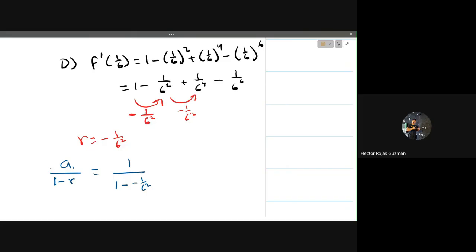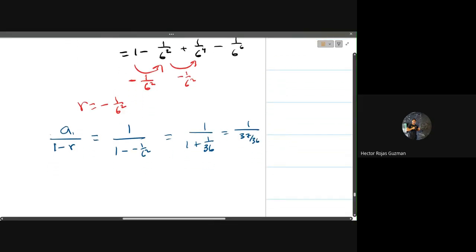To simplify it, 1 over 1 plus 1 over 36 equals 1 over 37 over 36, which equals 36 over 37.